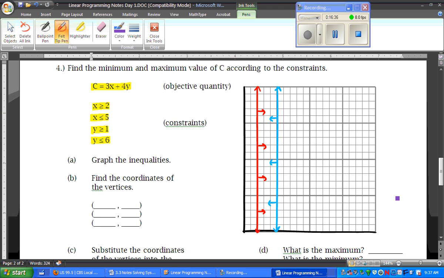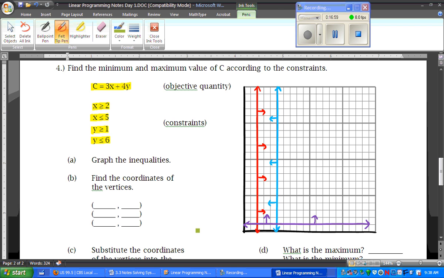For the fourth inequality, it says y is greater than or equal to 1. That's a horizontal line. Because it's greater than or equal to, I shade above. And looking ahead, I can tell that my shaded area is going to be in between the red and blue lines and above the purple line.